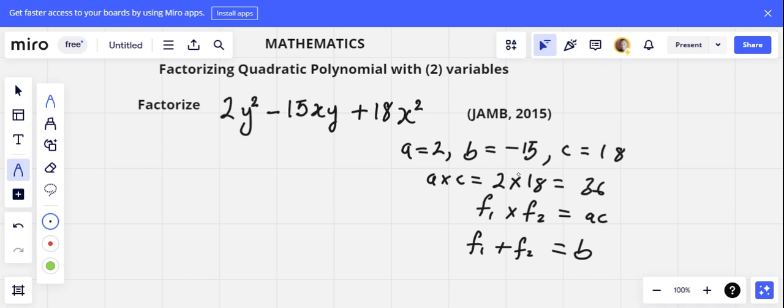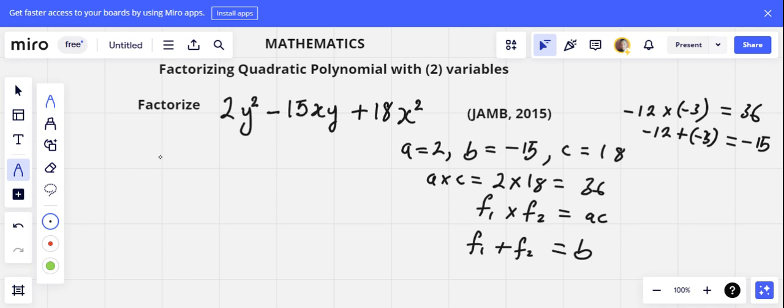So what are those two factors? I'll say minus 12 times minus 3. Minus 12 times minus 3 gives us plus 36, and minus 12 plus minus 3 gives us minus 15.